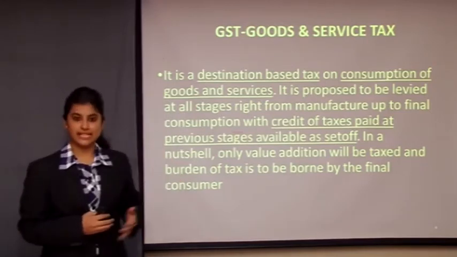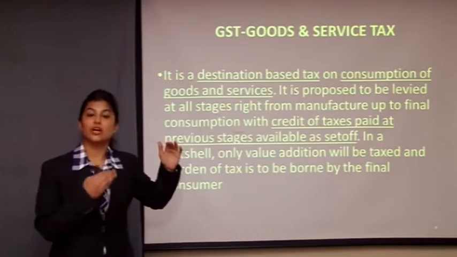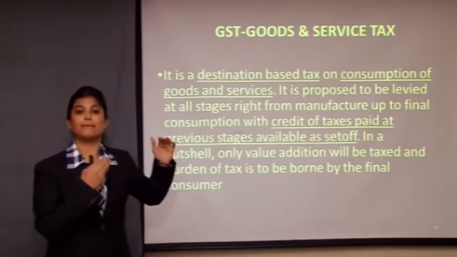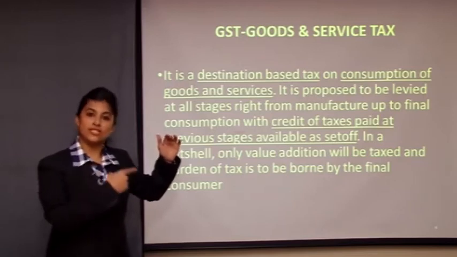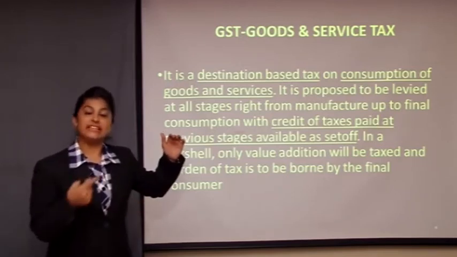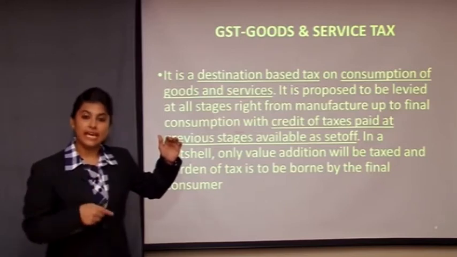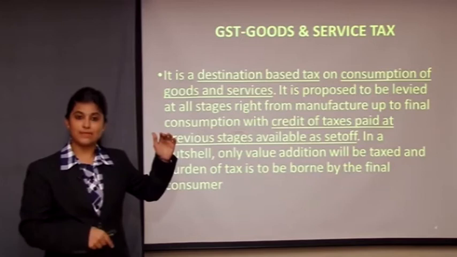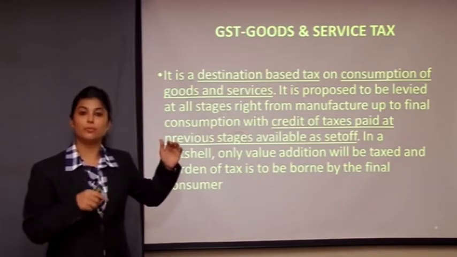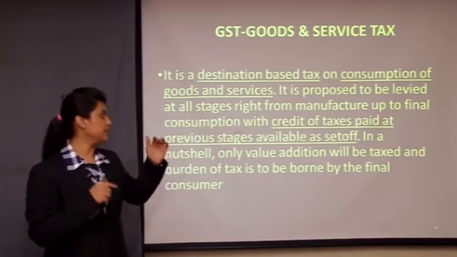For example, when a producer is producing goods, he is paying the tax, and when selling the goods to the wholesaler, similarly the wholesaler will pay the tax, similarly the retailer will pay the tax, and at the end consumption, where the consumption takes place, the consumer is levied to pay and bear the burden of tax.